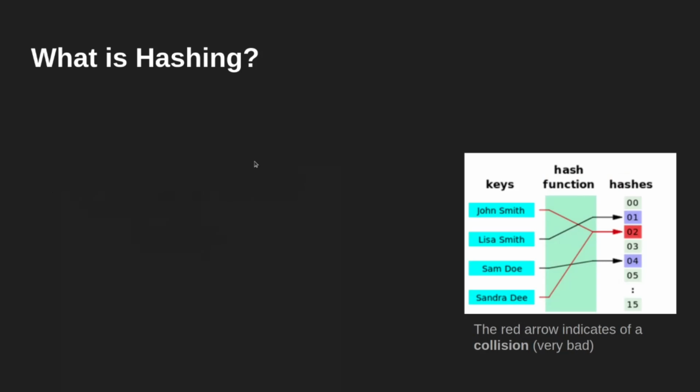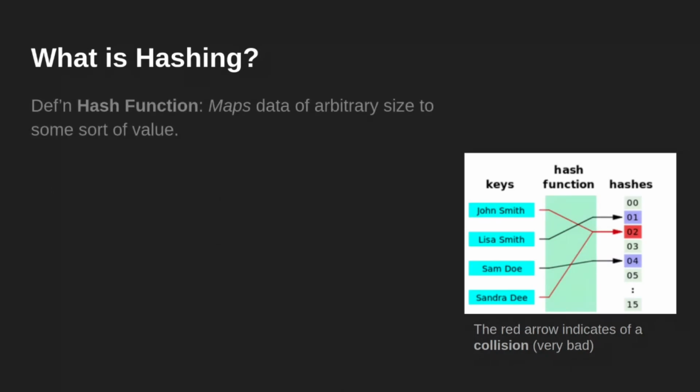So what is hashing? You might have heard that word thrown around a bit. Basically, a hash function maps data of arbitrary size to some sort of value. So in this image, you can say John Smith becomes 2.